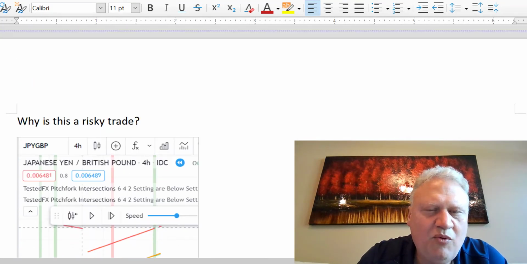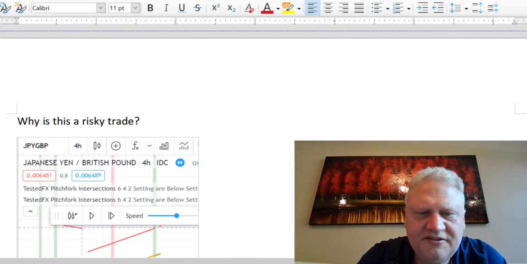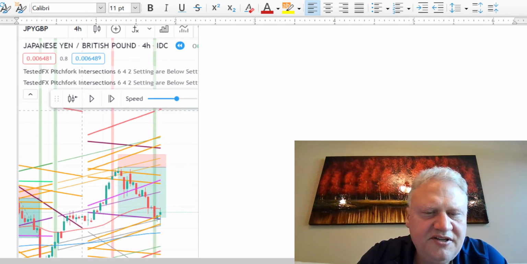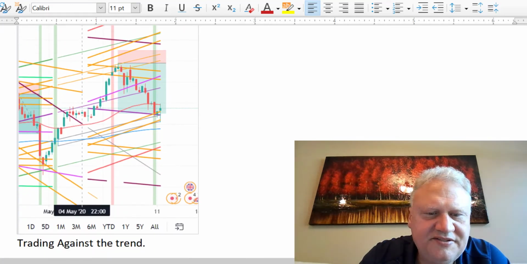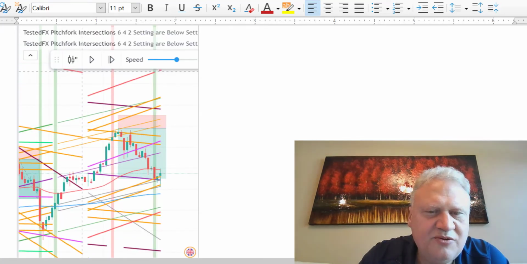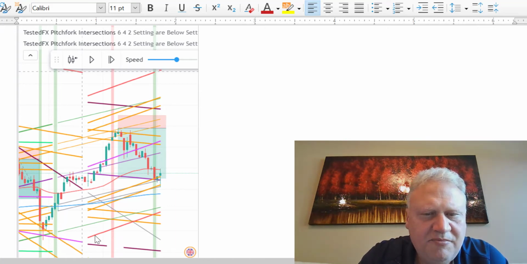Why is this a risky trade? Okay, let's take a look at it. So in this case, again, he wins, but why is it risky? Take a look and see, why is this risky? He's betting down, and almost all the pitchforks are betting up, and the major pitchforks are going up.